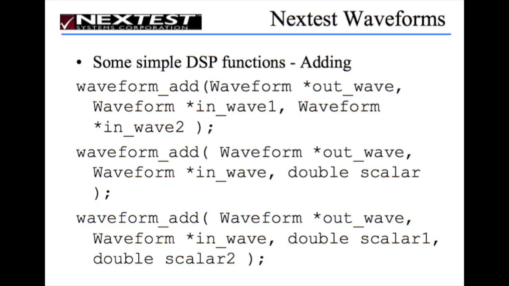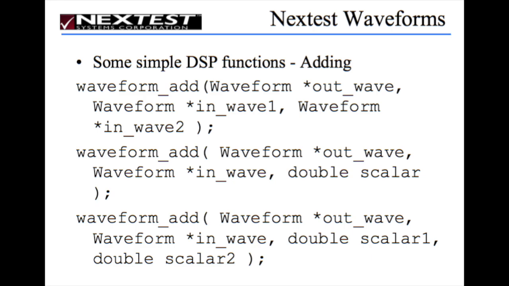But it also works this way: waveform add, waveform outwave, waveform inwave, double scalar. And then waveform add, waveform out, waveform inwave, double scalar 1, double scalar 2. So that's pretty cool. If that were a complex wave, you could add in 2 scalars.